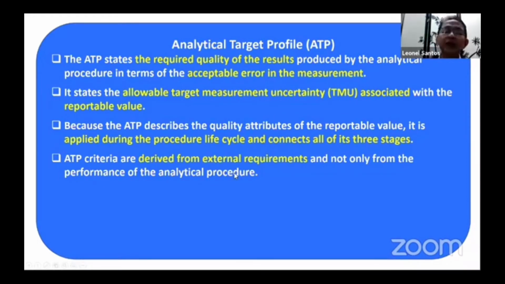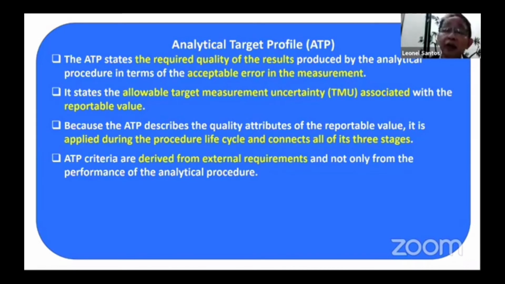If you are familiar with method validation, you understand the use of what is called the analytical performance characteristics: accuracy, linearity, limit of detection, and so on. But those are what is termed internal requirements. The ATP is derived also considering the external requirements.